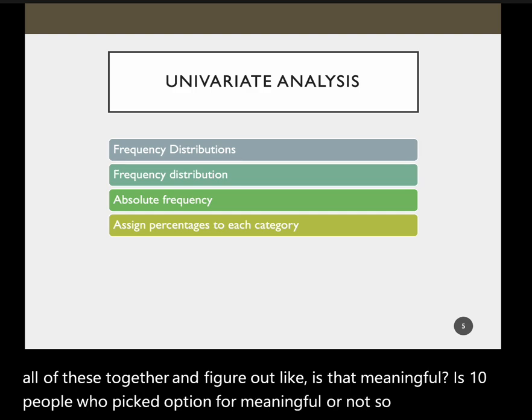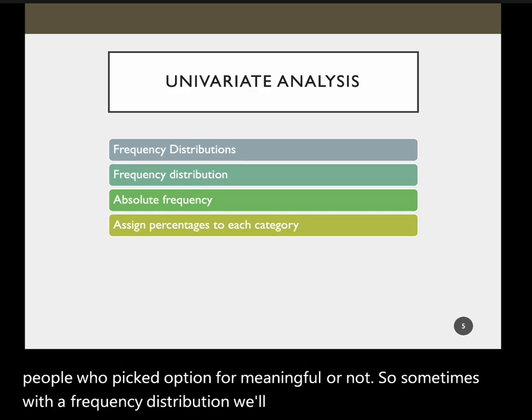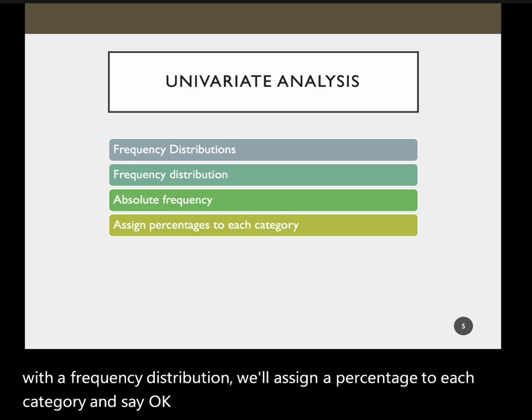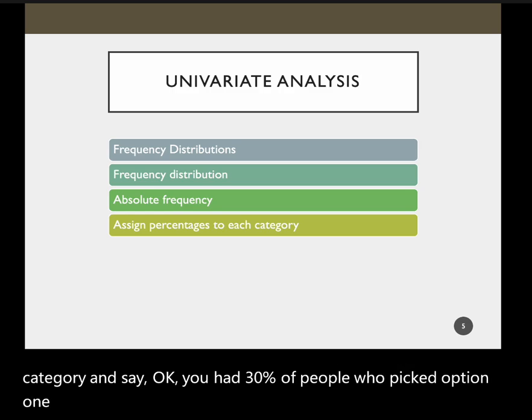So sometimes with a frequency distribution, we'll assign a percentage to each category and say, okay, you had 30% of people who picked option 1, 35% who picked option 2, 60% who picked option 3, and so on and so forth.